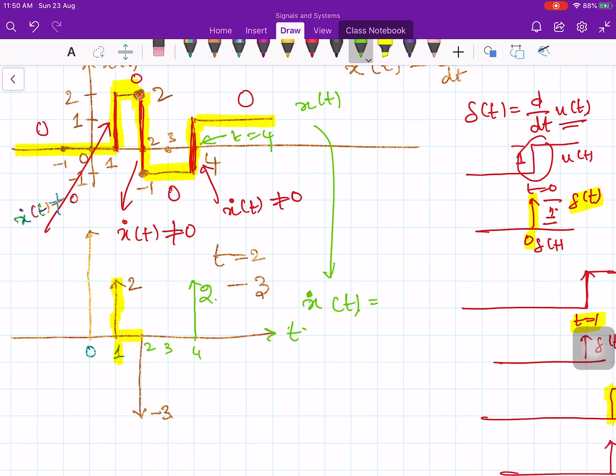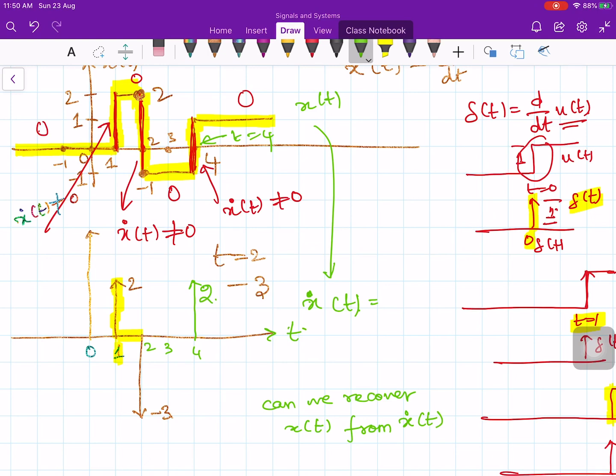As a check of our result, we can verify that we recover x of t from x dot of t.